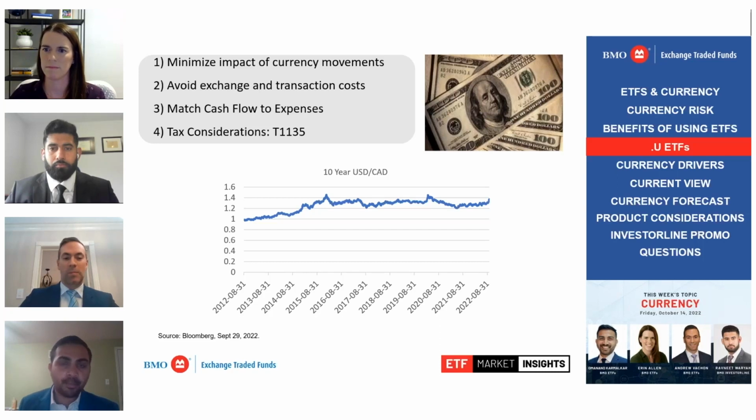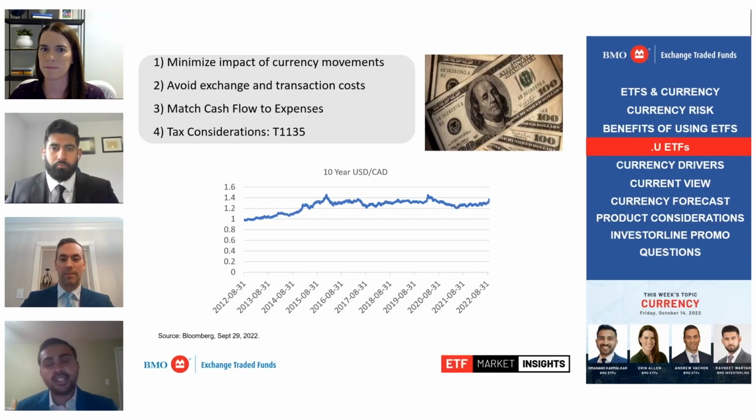And applying that conversion fee every time you want to convert Canadian dollars to US dollars or vice versa can get pricey. So that's one of the greatest benefits of having these .U ETFs, where you can invest your US dollars and get that capital gain, but at the same time get income.